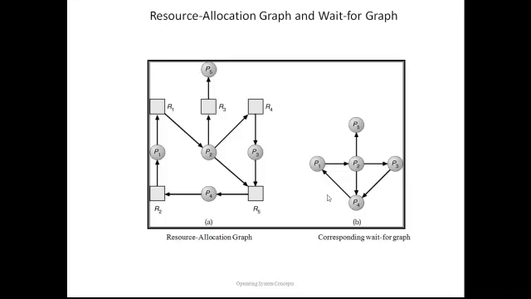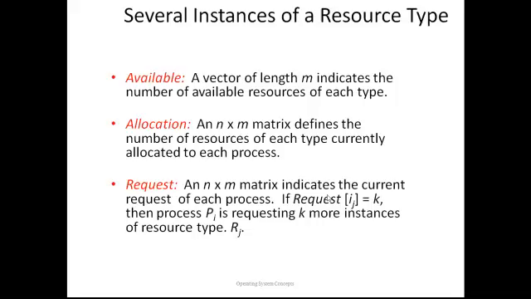Now, if we find the wait-for graph of the corresponding given resource allocation graph, we will find it like this, with 5 processes with edges connecting the different processes, which indicate the wait-for graph.